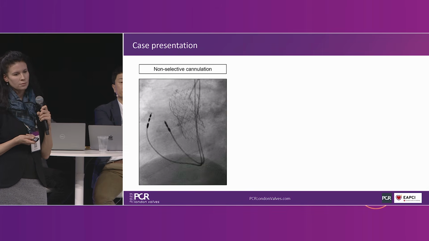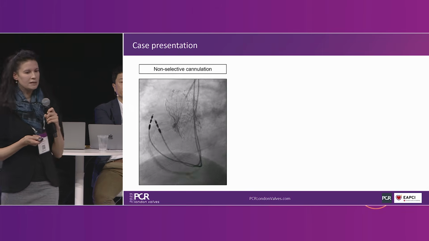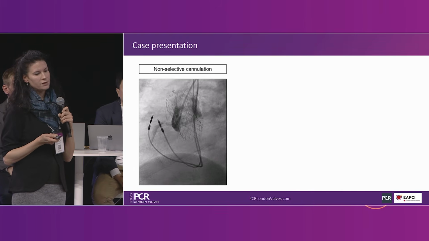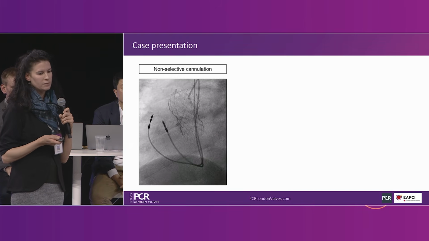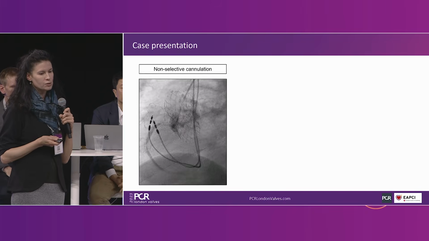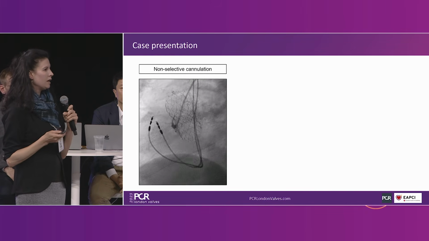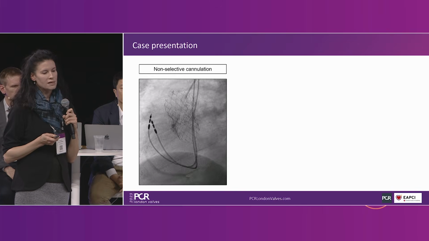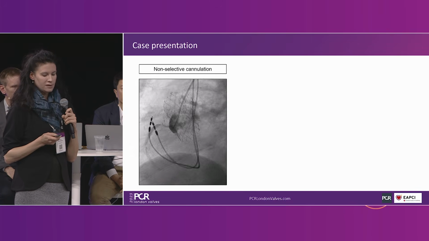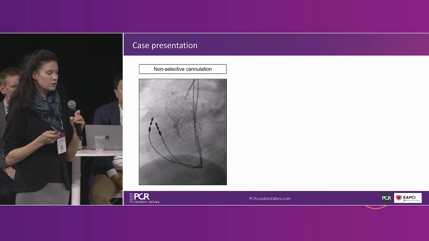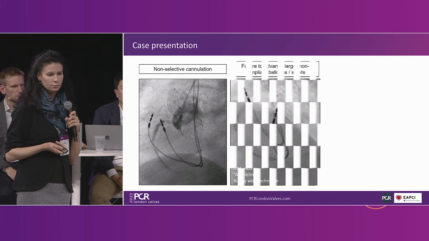So as you can see here, the patient suffered severe ostial, proximal and also mid-part stenosis, and there was no direct engagement of the coronary ostium with the guiding catheter, which remained the main story during this procedure.